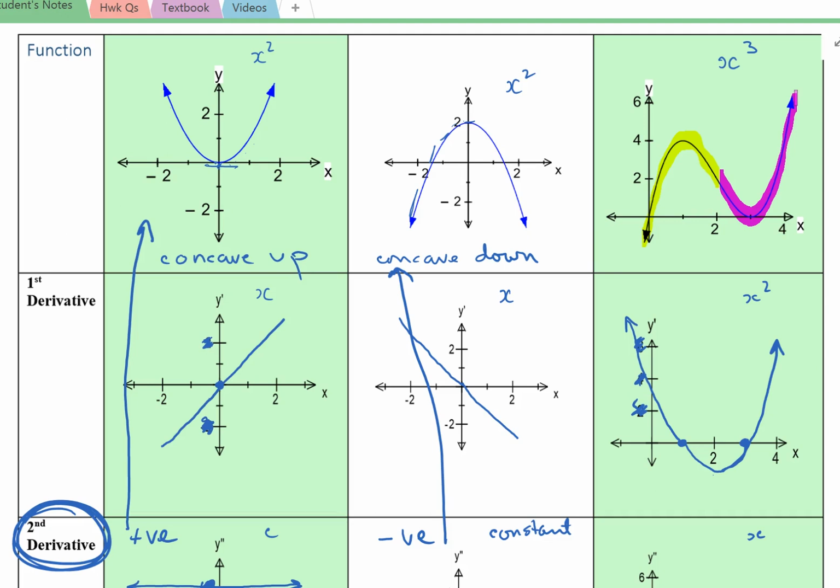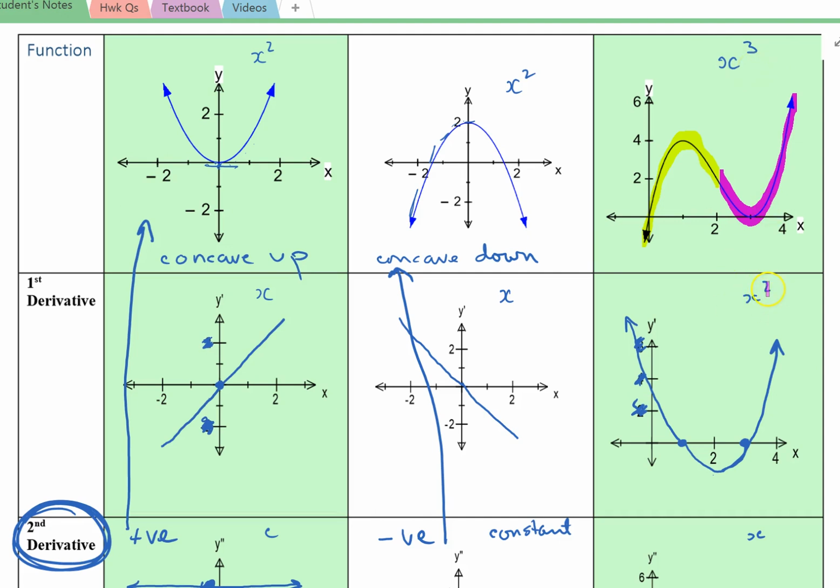Because the second derivative should show something happening at 2 and hopefully some negative values for the second derivative, because concave down means second derivative is negative. So a negative value for the second derivative up until 2, then positive values for the second derivative.